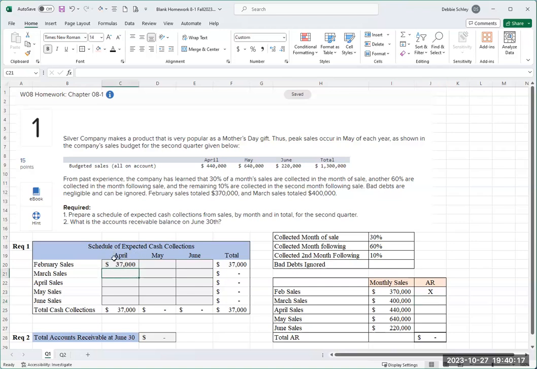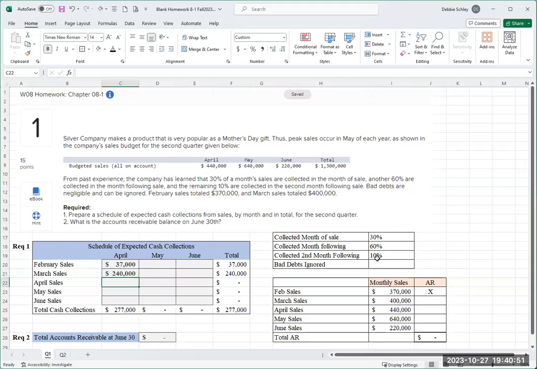Now, in April, from March sales, right? In March, we collected 30% of March sales. And so in April, we're going to collect 60%. So I'm going to reference March sales and multiply that by the month following, 60%.